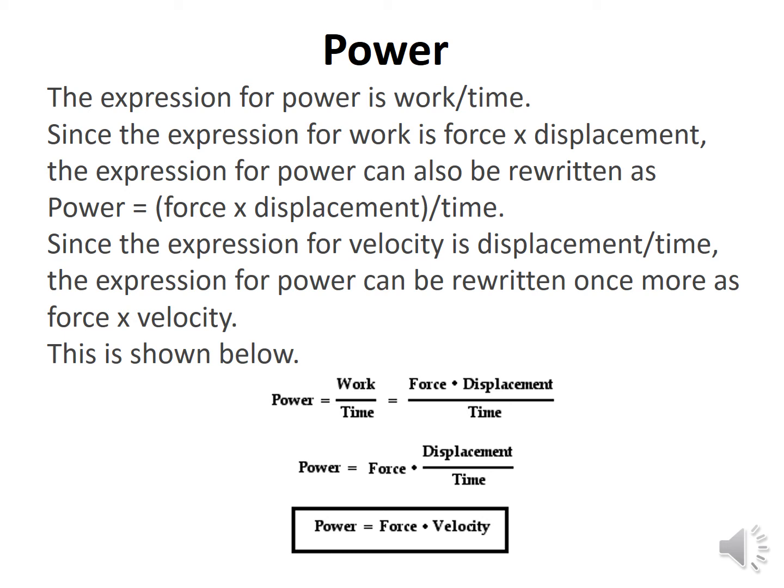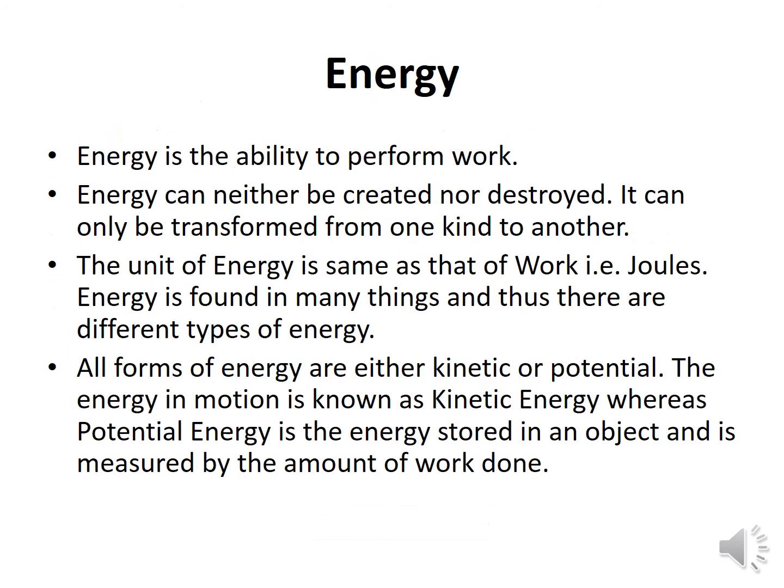And displacement upon time is equal to velocity. So we can also say that power is a product of force and velocity. As you can see over here, the equation is represented mathematically: power equals force times displacement upon time, and power is also the product of force and velocity, because displacement upon time is velocity. Right.